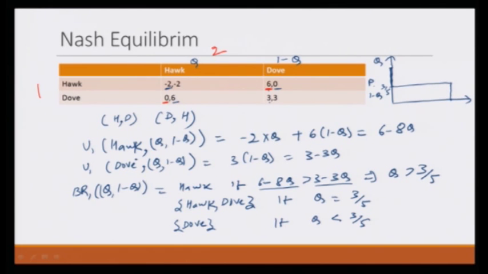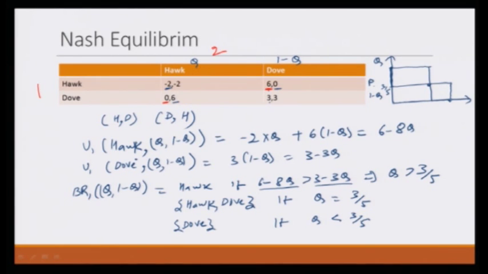Similarly, if you obtain it for player 2, what happens? You will get exactly symmetric. You can try on your own. You will get something of this sort. This is what you will get. So there are 3 equilibria, one at this point, one at this point, and one at this point.